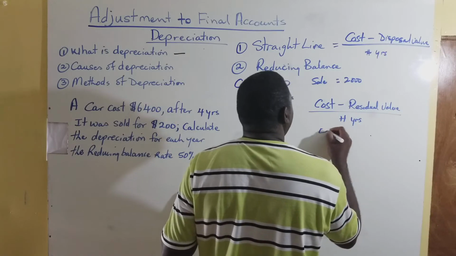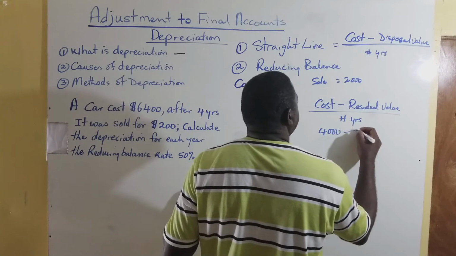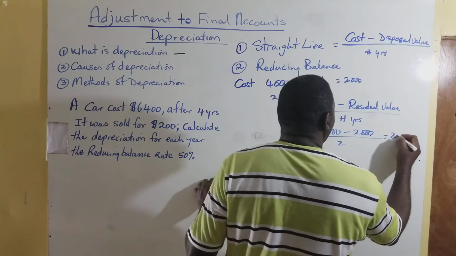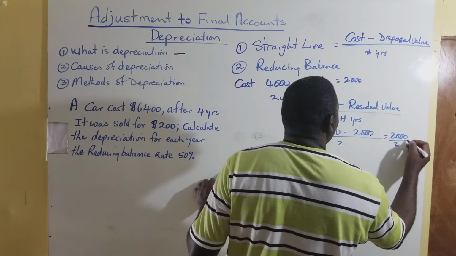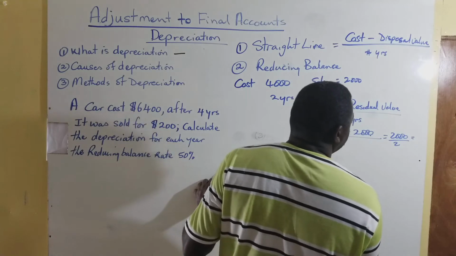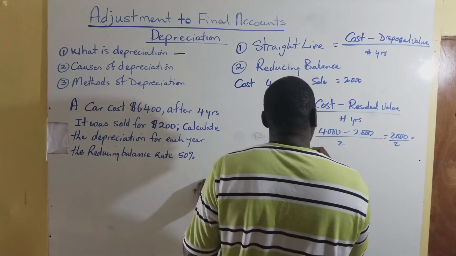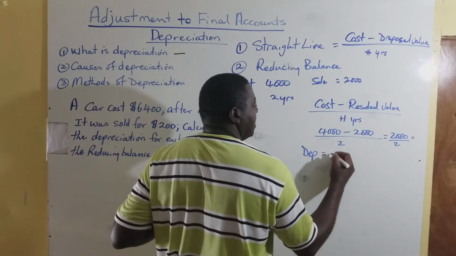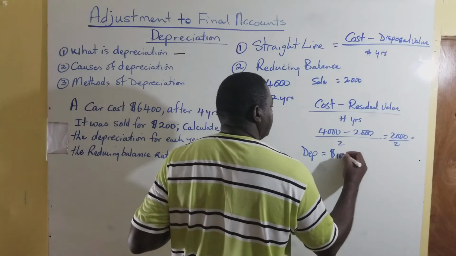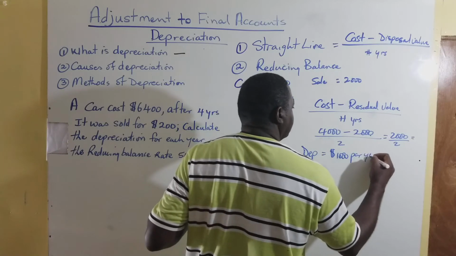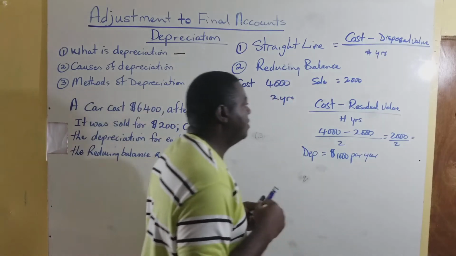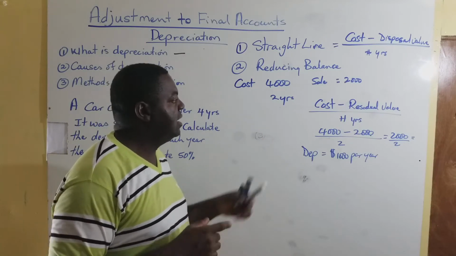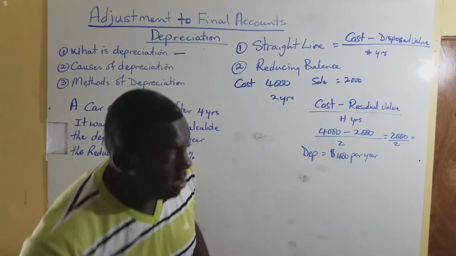So it would be 4,000 minus 2,000, divided by 2. So this will be 2,000 divided by 2, which gives us 1,000. So the depreciation would be equal to $1,000 per year. So that's really a simple version of the straight line method.